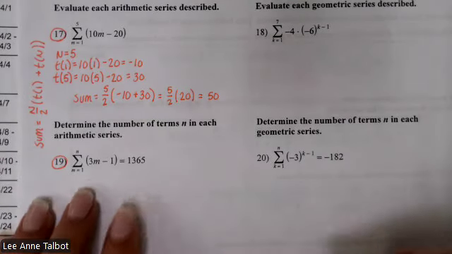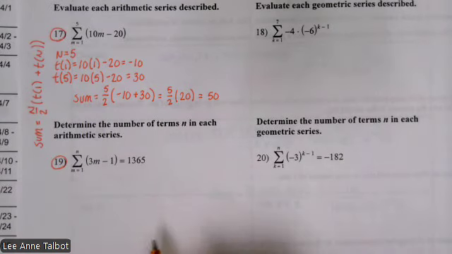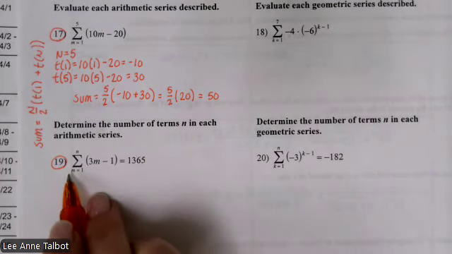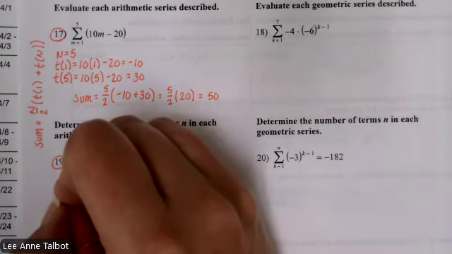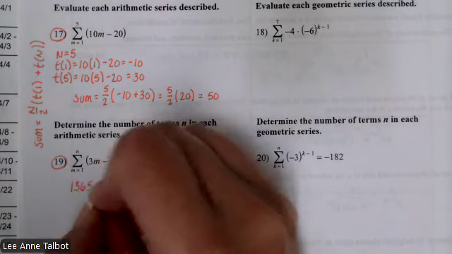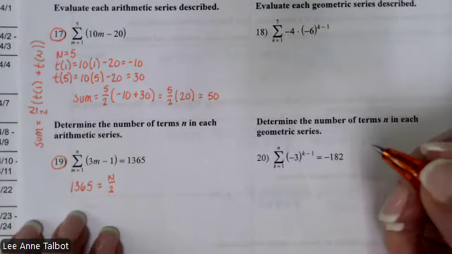Okay, now down here, determine the number of terms n in each arithmetic series. N is what we're solving for this time, and they gave us the sum. So 1365 equals n over 2.